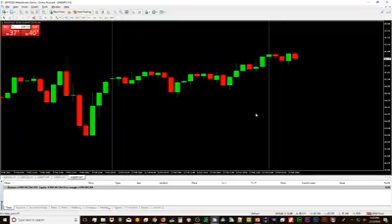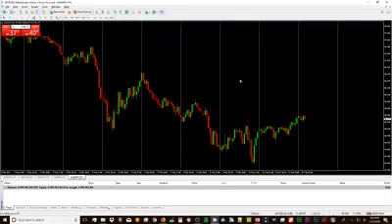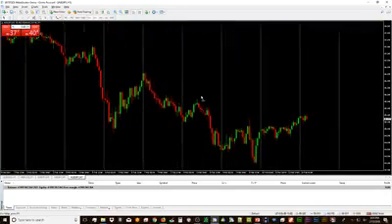It's not hard. I know of little kids who trade Forex. I know of older senior citizens, if you will, who trade Forex. Middle-aged people trade Forex. So yeah, it's just a matter of analyzing your chart and determining which way the market is going, and putting in your buy or sell trade accordingly.